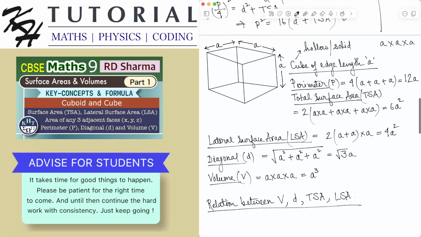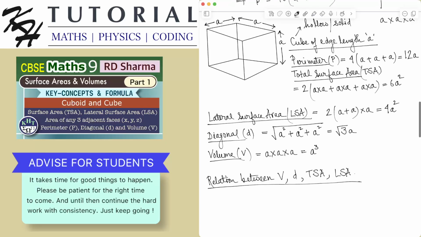And the diagonal will be the square root of A square plus A square plus A square, which is square root of 3 multiplied by A. Volume is A cube. It is not required for you to remember the exact formulas for a cube. You should be able to derive them from the formulas of a cuboid.